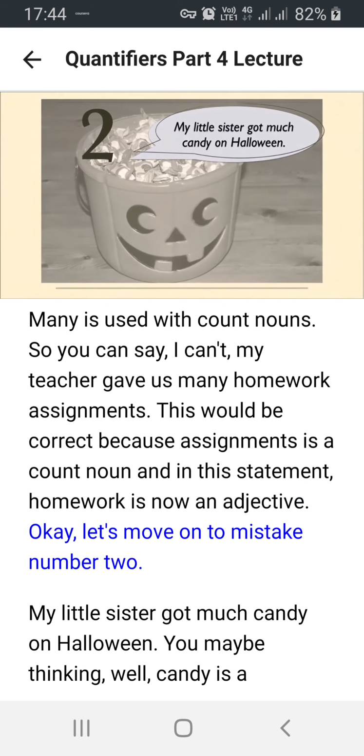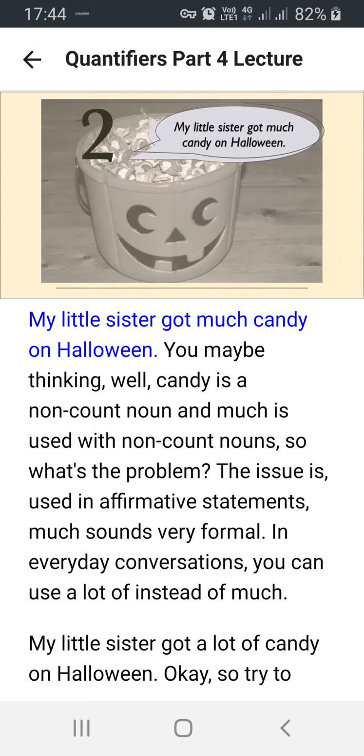Okay, let's move on to mistake number 2. My little sister got much candy on Halloween. You may be thinking, well, candy is a non-count noun, and much is used with non-count nouns, so what's the problem? The issue is, used in affirmative statements, much sounds very formal.